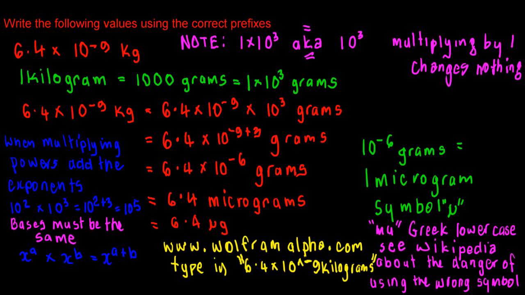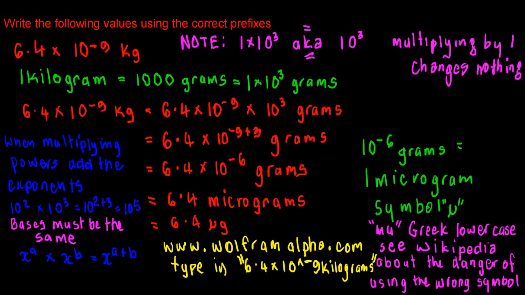And that means that we can write this even shorter again: 6.4 µg, where the mu is a lowercase letter from the Greek alphabet. It must be written very carefully with the tail at the front like that, because it can be mistaken for other things, and these can have quite disastrous consequences, particularly if you're a patient at a hospital.